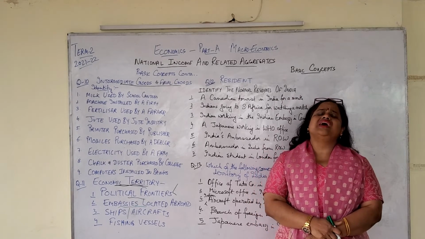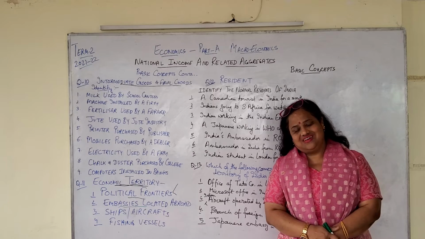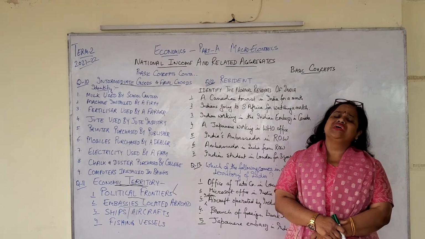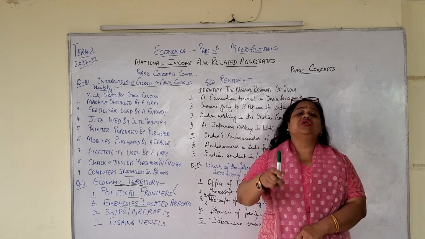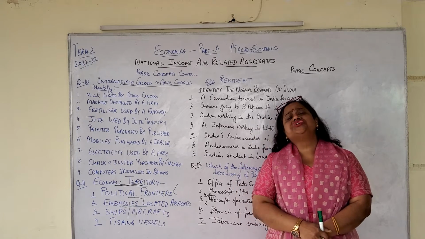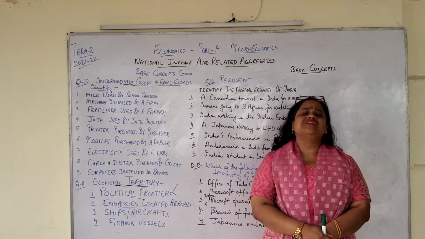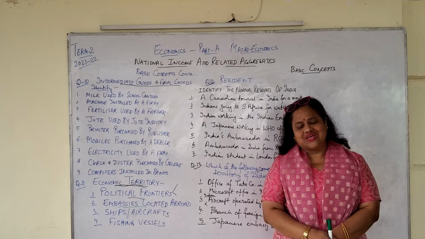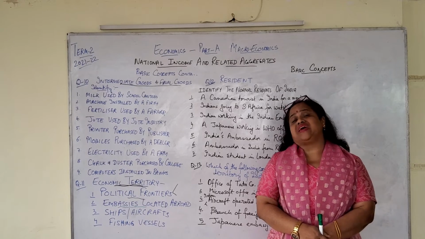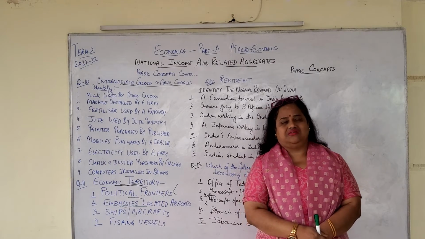So he is the resident of China. So the people who are working in the offices of international organizations are the residents of their own country to which they belong. So this is our second case of non-resident.